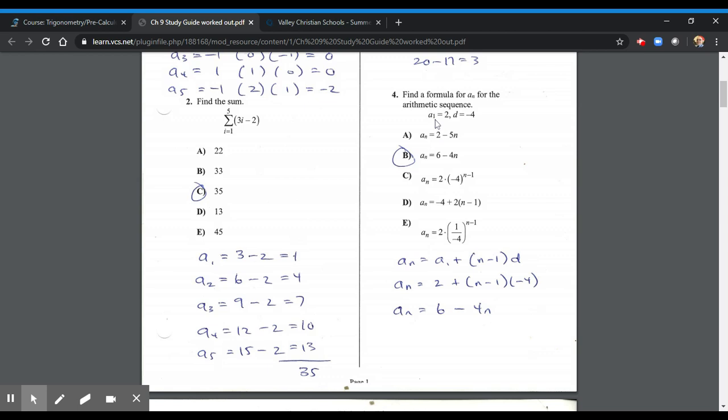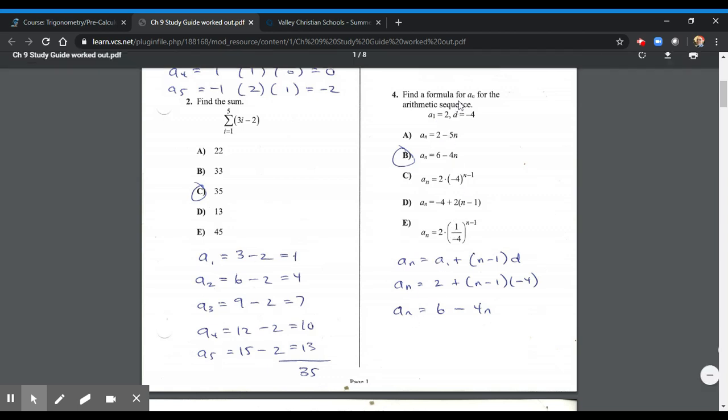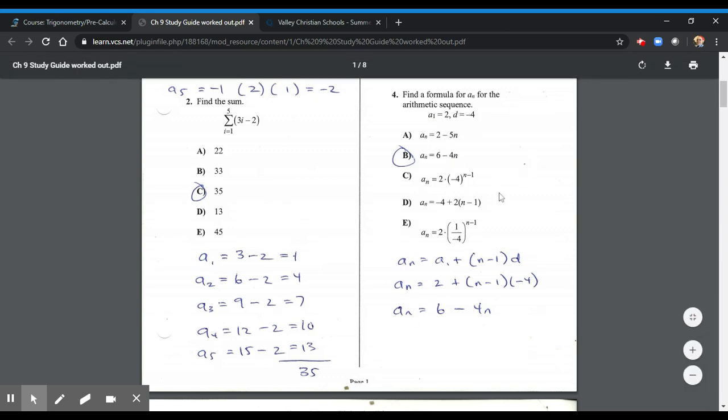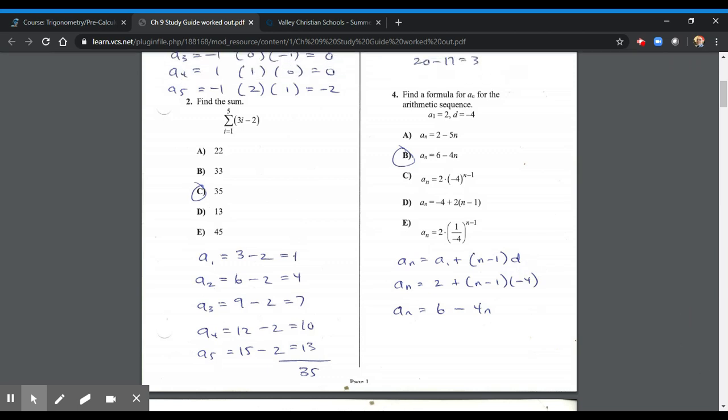All right, so let's find a formula, A sub n, for the arithmetic sequence, where A sub 1 is 2 and the difference D is negative 4. Well, remember that we said our general formula is A sub n is equal to A sub 1 plus n minus 1 times D. So we're going to take the first term and add n minus 1 differences to get our nth term.